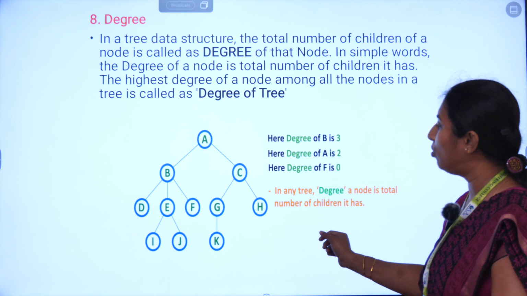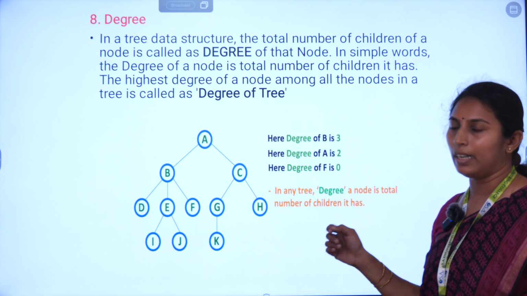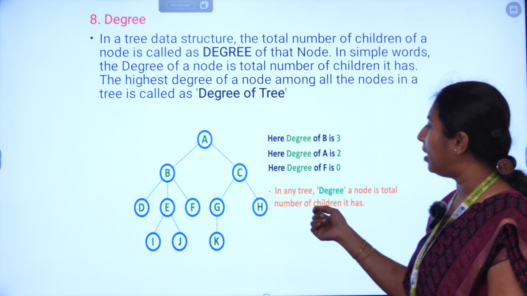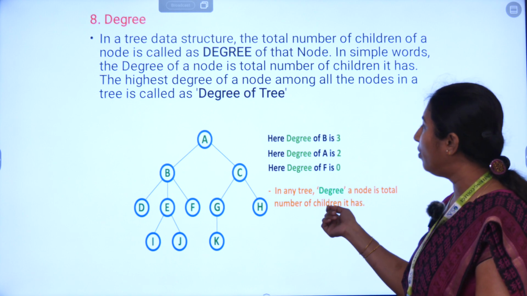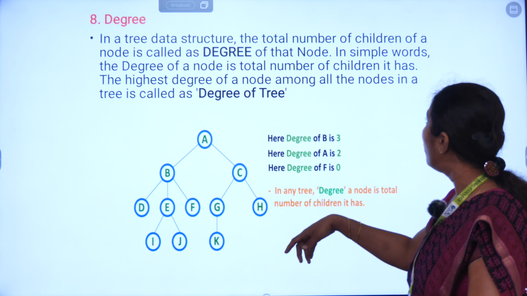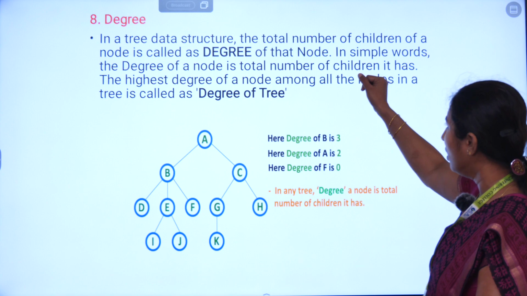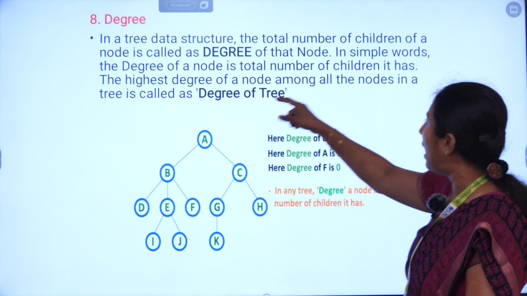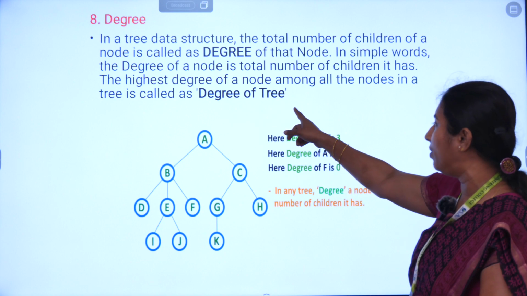Next, we need to know the important concepts of what is degree and what is the height of the tree. We can calculate the degree of the tree or the degree of a node. As discussed in the definition, the highest degree of a node among all the nodes in the tree is called the degree of the tree.